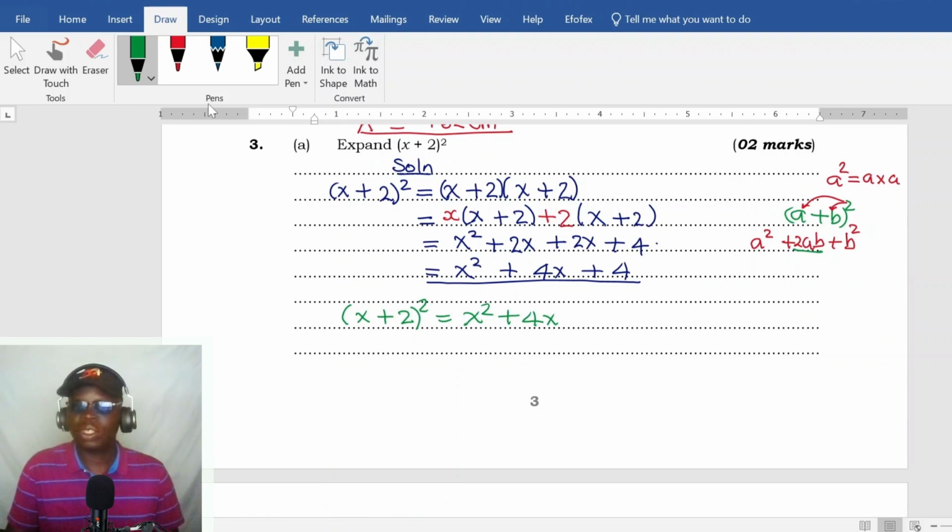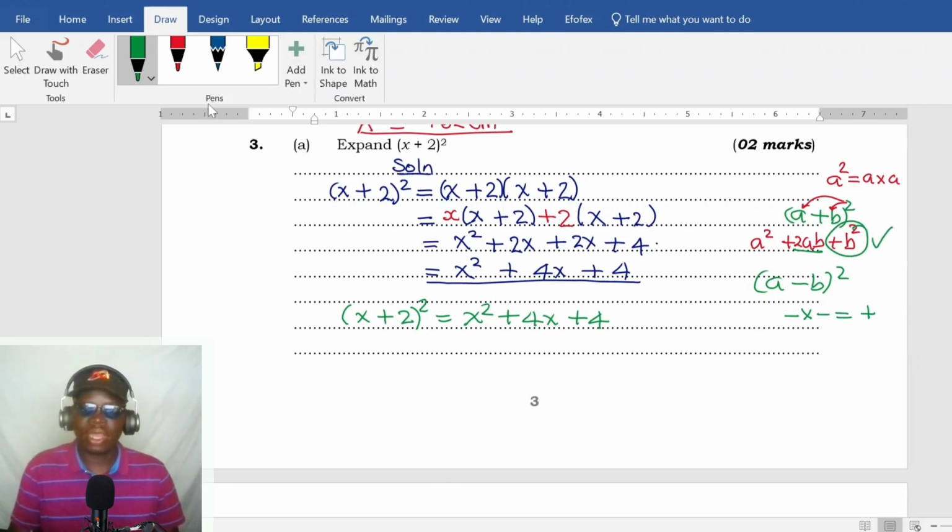And finally, we square the last term. The square of 2 is 4, positive. It doesn't matter whether we have a minus b, the last term is always positive, because squaring a negative is like multiplying negative times negative, which gives positive. So the last term must always carry a positive.